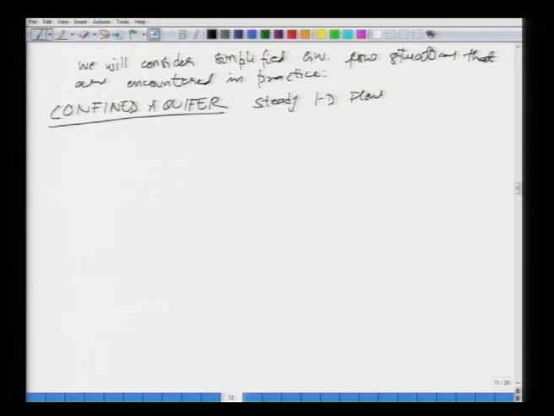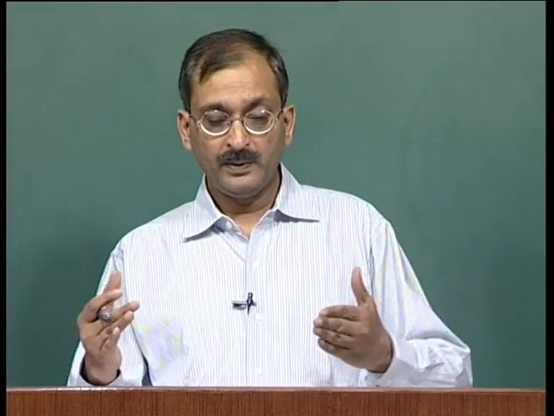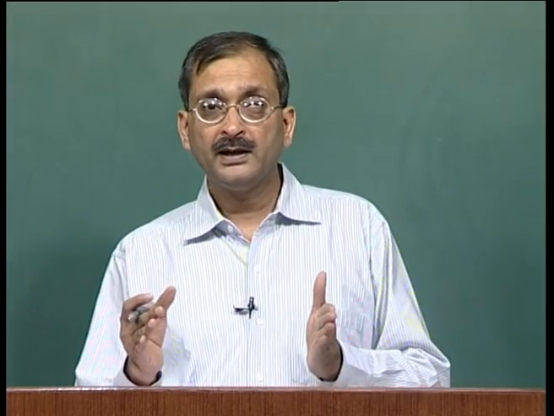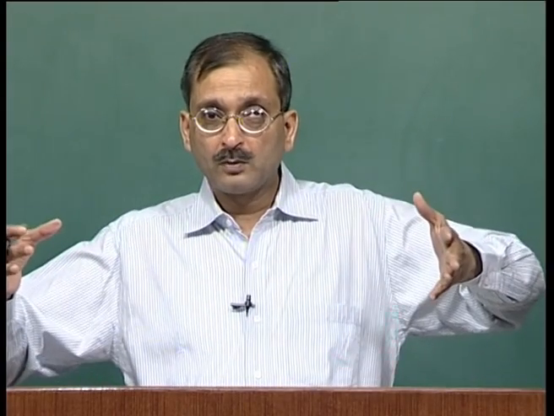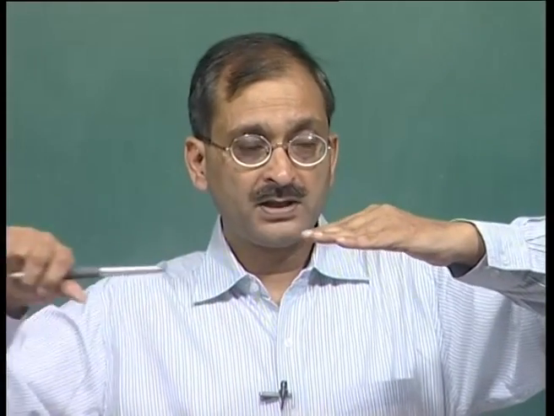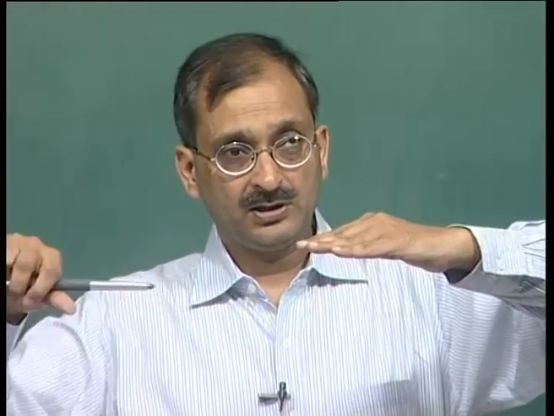And what we will be talking about basically here is you have a confined aquifer in which a flow will be taking place only in one direction. When will that happen? When a confined aquifer is sandwiched between two water bodies. Let us say you have these two confining layers. Flow is taking place only in x direction or in one direction.